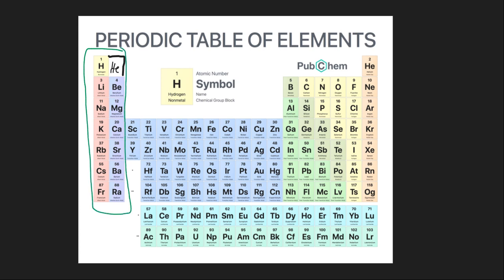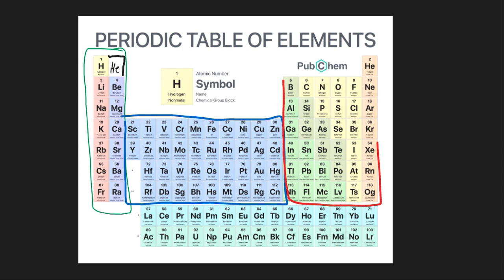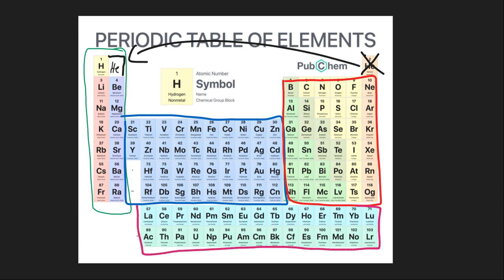This first column, this middle block, and then this block. And remember in this scenario that helium is missing, and we moved it over here. And then this bottom section is going to be a block.